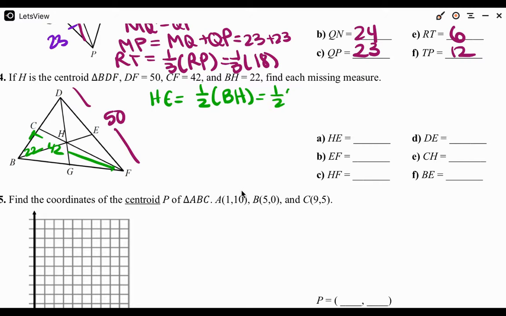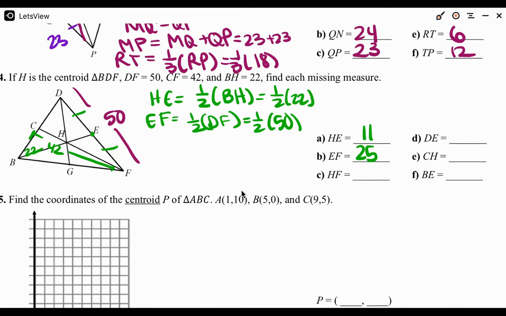So half of 22 is 11. EF is equal to half of DF. Remember, this is cut in half and E is the midpoint. So half of 50 is 25. HF is equal to 2/3 of our segment CF. So 2/3 of 42 is 28.